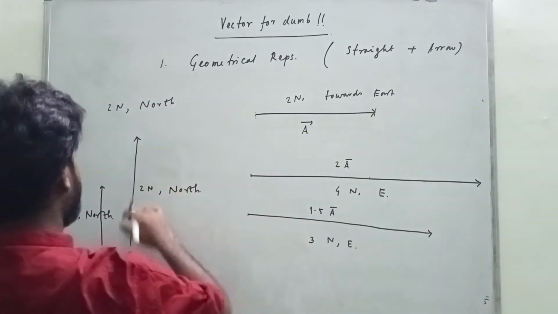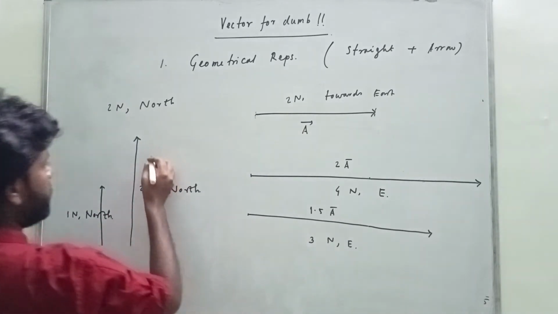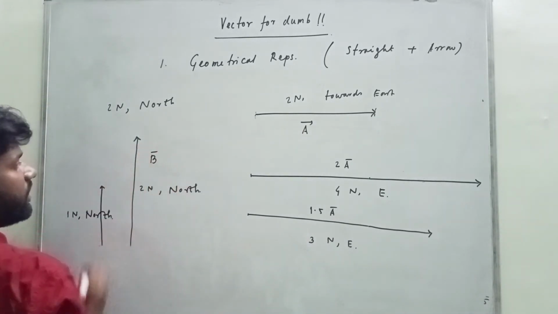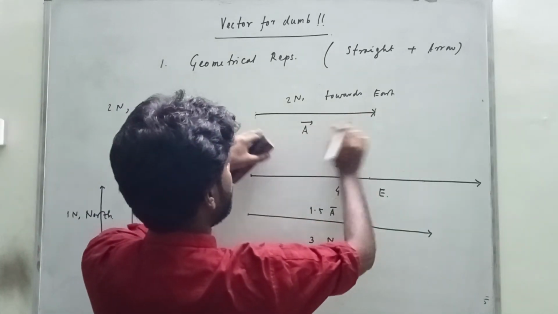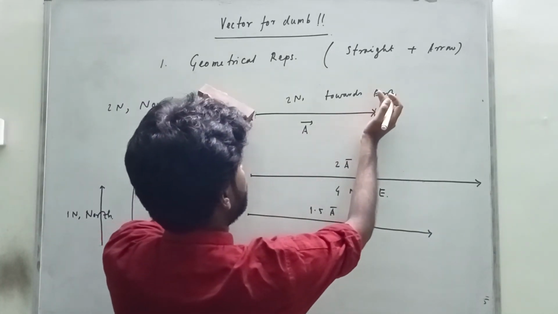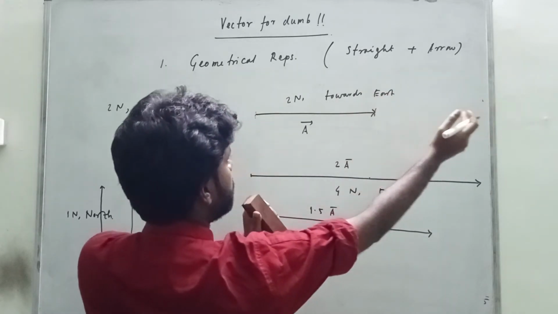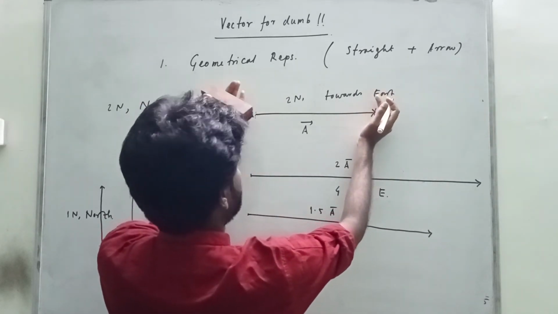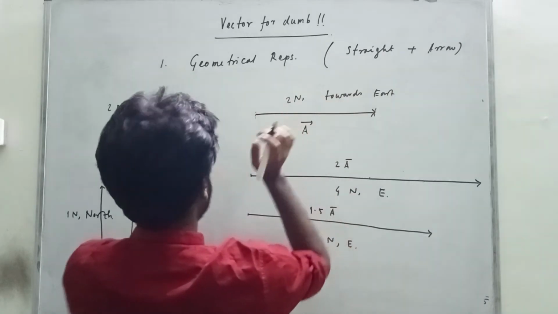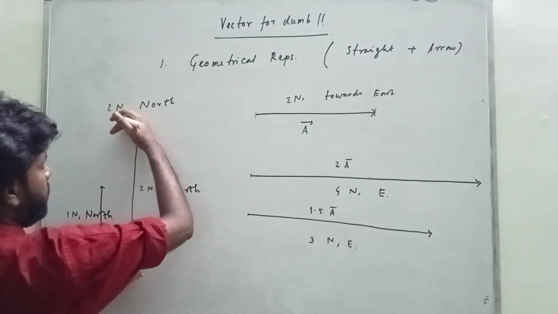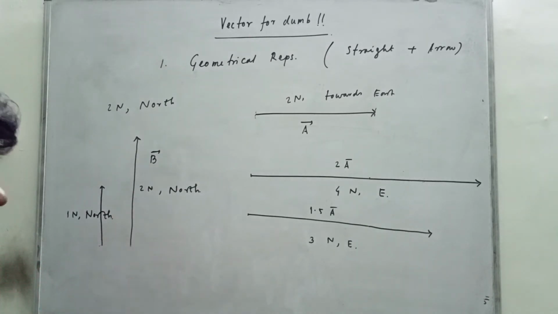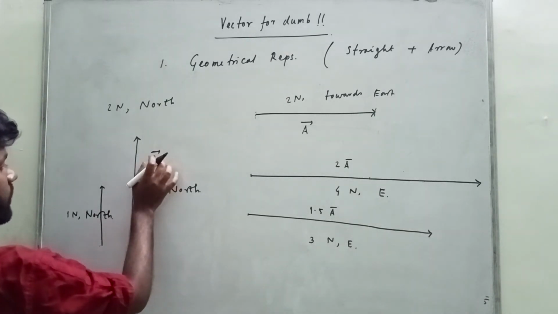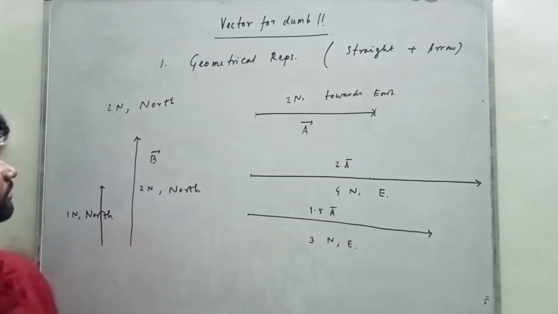So I will call it another vector quantity, vector B. It's not the same A, because A means direction towards east and magnitude 2 Newton. Here the magnitude is the same, but its direction is towards north. Just another kind of vector here.